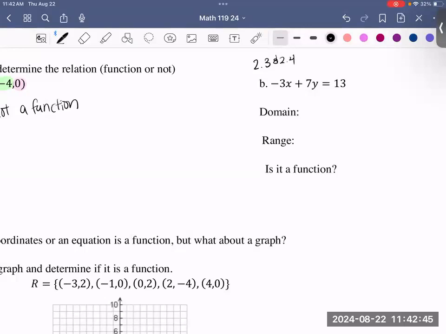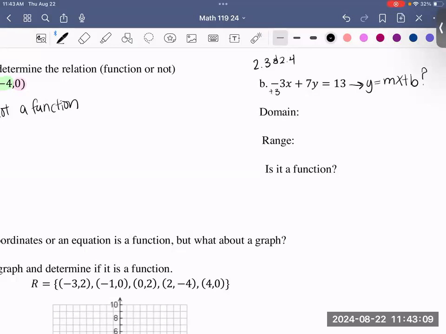So let's see if we can figure out your domain and range. If you already know it because it's based on a line, awesome. But let's say we don't know how to do your domain and range in this format, but we at least know how to graph a line. So can we change it into the form y = mx + b?